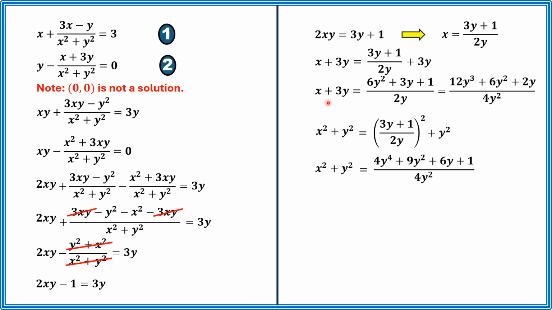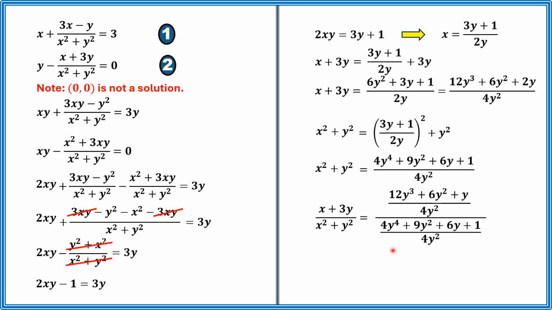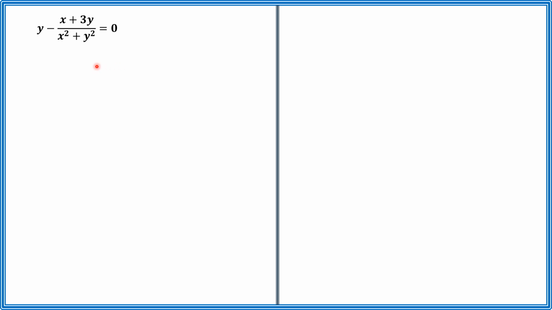So dividing this and this, we will get x plus 3y over x square plus y square equal to this relation. In this relation 4y square will be cancelled out, and we will get this value as this one.